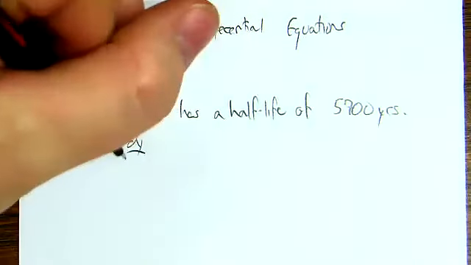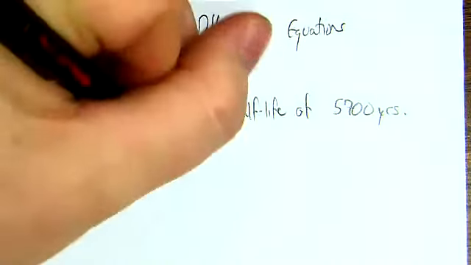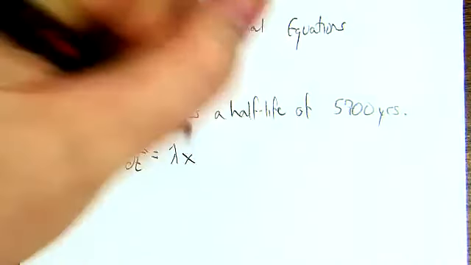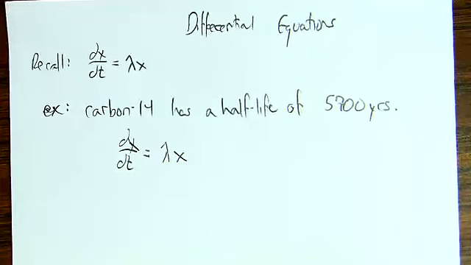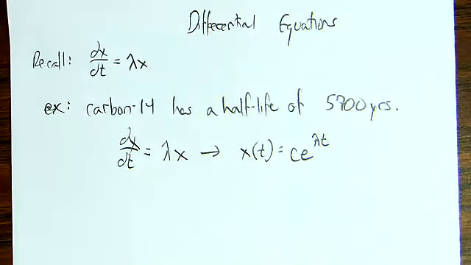So our differential equation is going to look like dx dt is equal to lambda times x. We can solve this using separation and get that x of t is equal to some constant e to the lambda t. We're solving that using whatever method we want to.